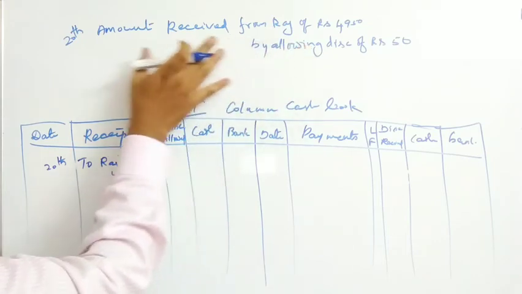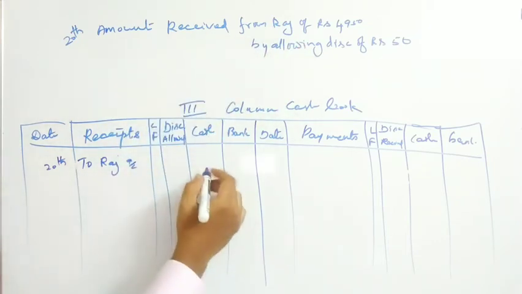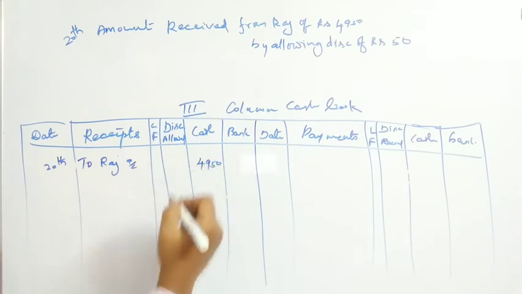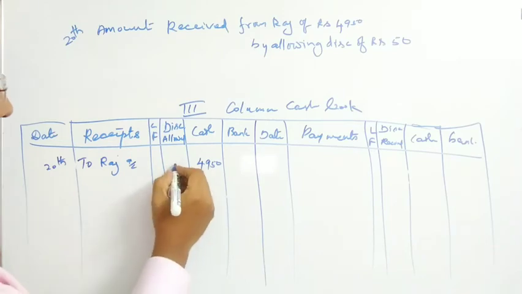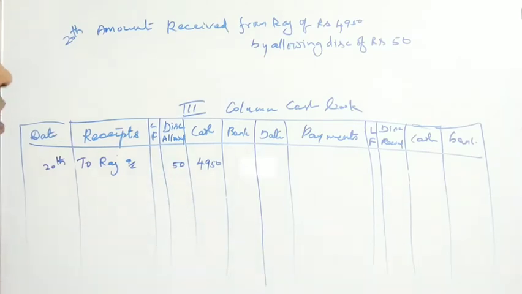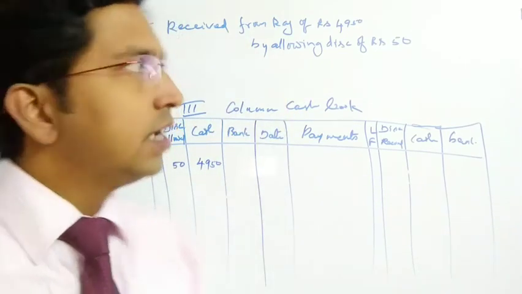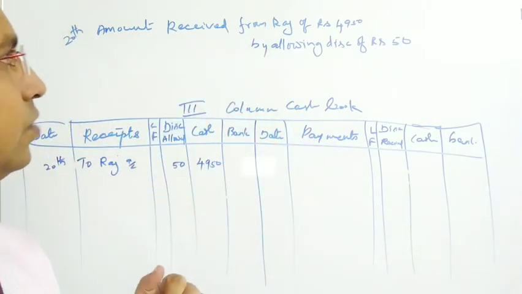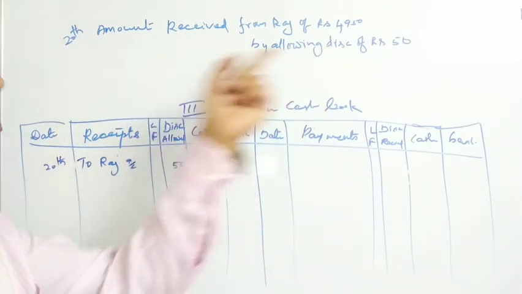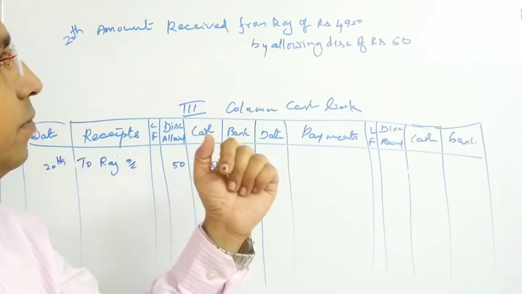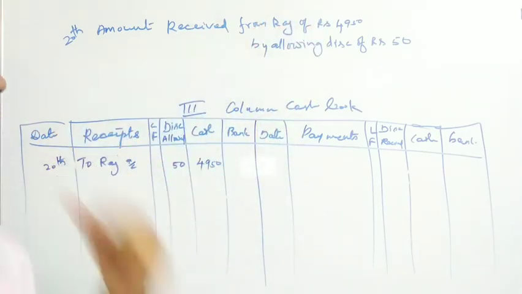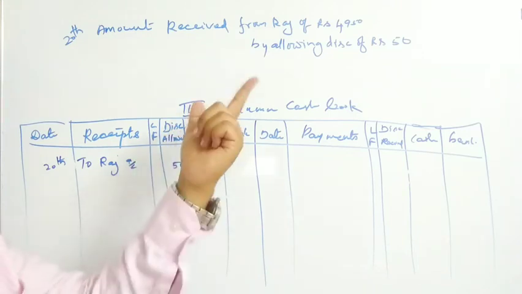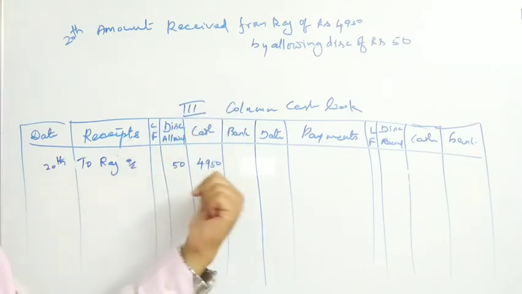We are receiving in the form of cash, so we add it to the cash column, 4950, by allowing the discount of 50. It is understood that his outstanding payment is 5,000. Out of that, we are providing 50 rupees discount, and we are receiving 4950 from the Raj account. The treatment should be like that.